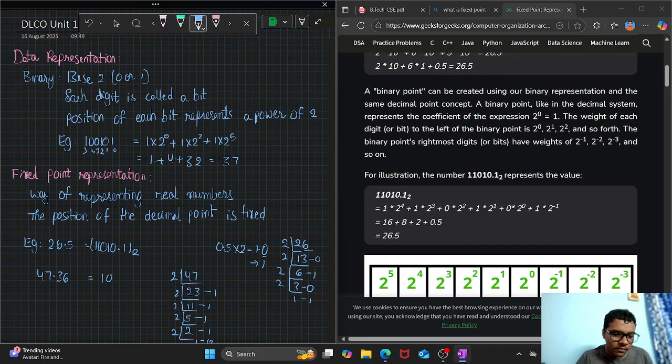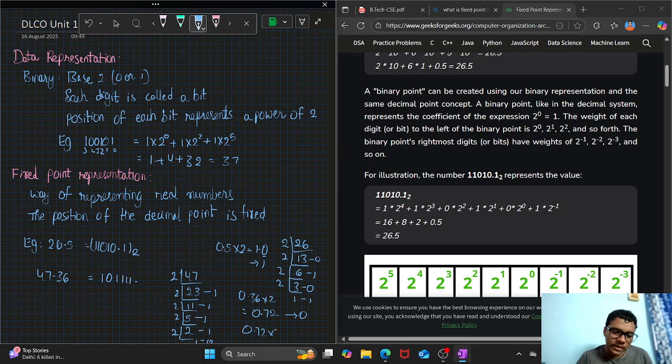So that is 1, 0, and 4 ones. Point. Now I have to do 0.36 times 2, that's 0.72, so you got the 0 here.